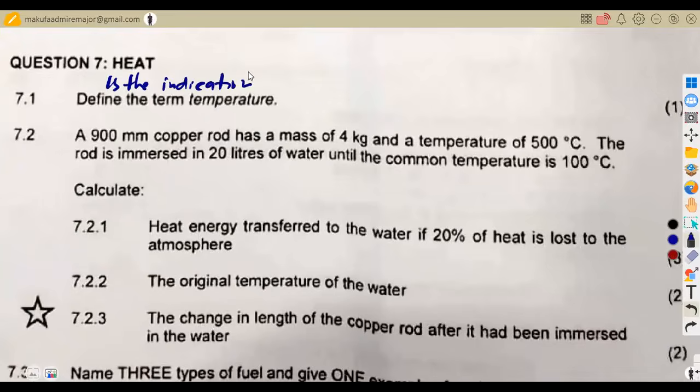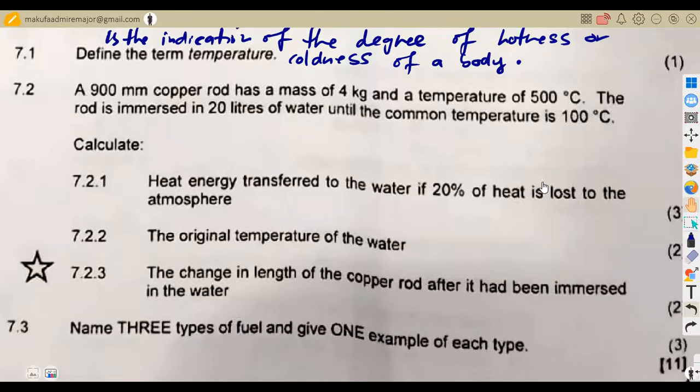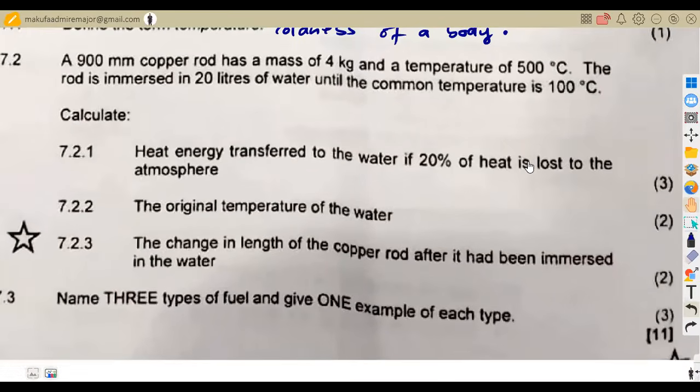So here we are talking about the hotness or coldness of a body. That is the consideration, and we have just 1 mark for that. Temperature is measured in degrees Celsius or in kelvins.